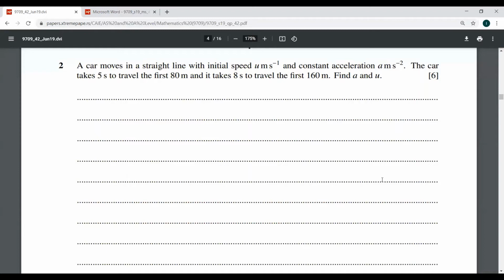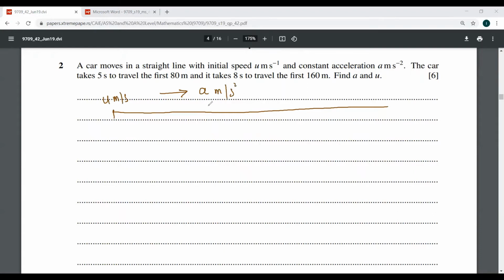A car moves in a straight line with initial speed u and constant acceleration a. So I can have a rough sketch here. This is how the car is moving, and here is the initial speed u meters per second, and its acceleration is constant, which is a meters per second square.